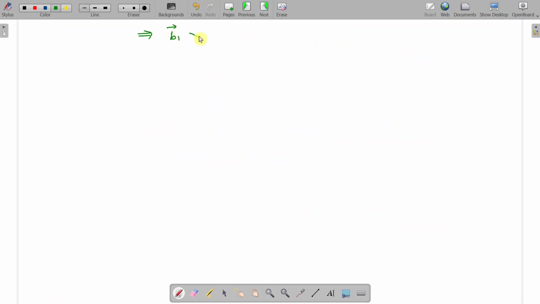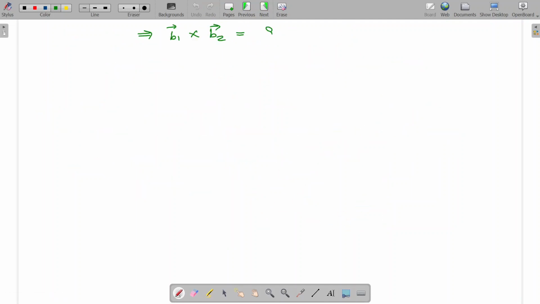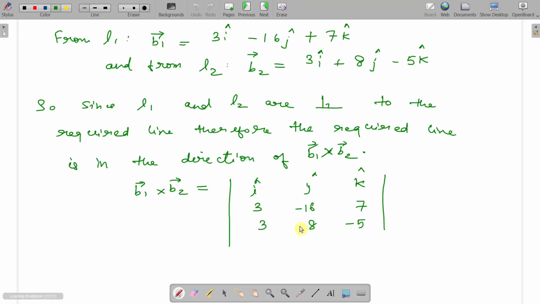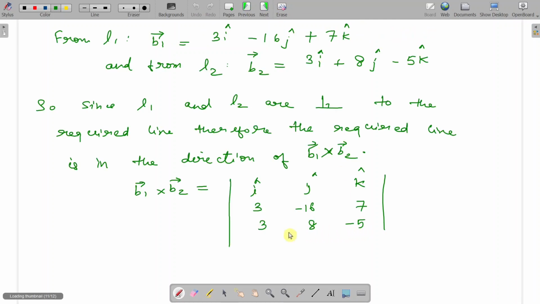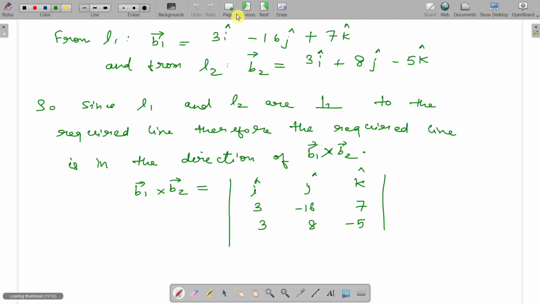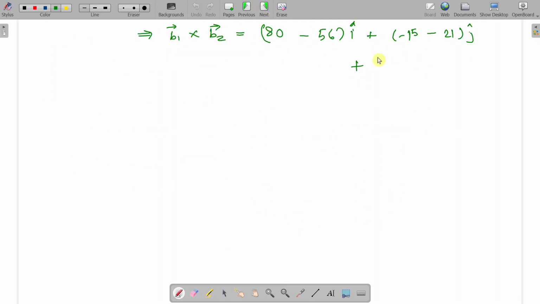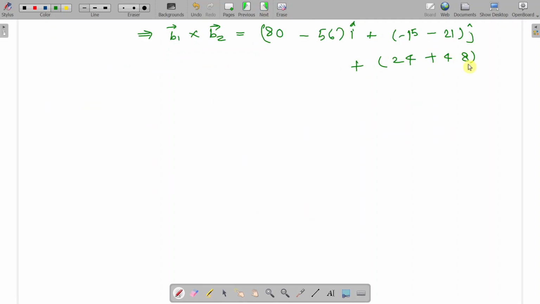It is equal to (minus 5 times minus 16 is 80, minus 8 times 7 is 56) i cap plus (minus 5 times 3 is minus 15, and minus 3 times 7 is 21) j cap plus (8 times 3 is 24, minus 3 times minus 16 is plus 48) k cap.